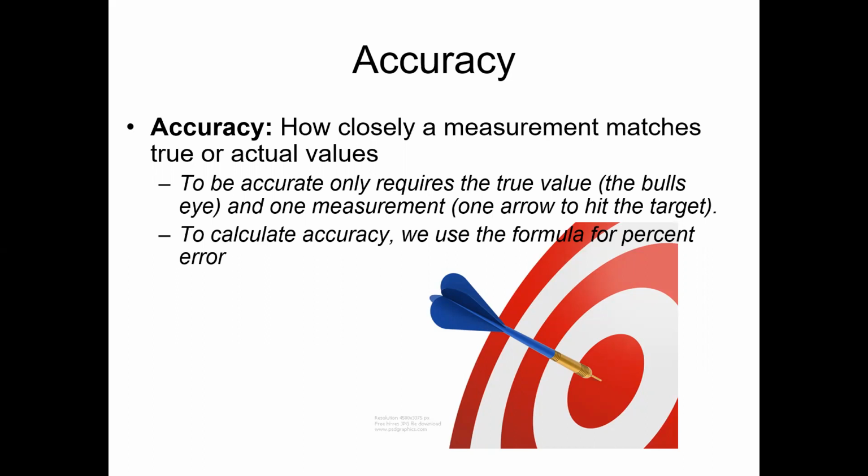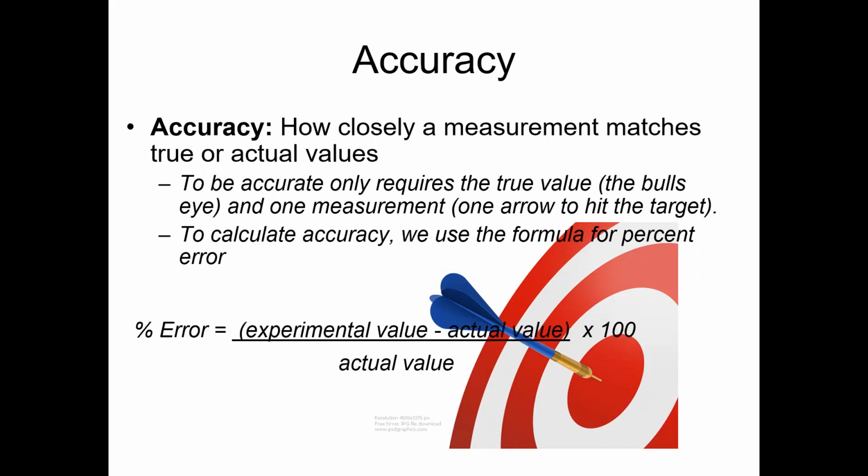Okay, so this is the formula right here. So make sure you copy it so you can do that lab. So percent error is equal to the experimental value, notice this is in parentheses because you've got to do this subtraction first, minus the actual value, divided by the actual value, times 100. That's percent error.